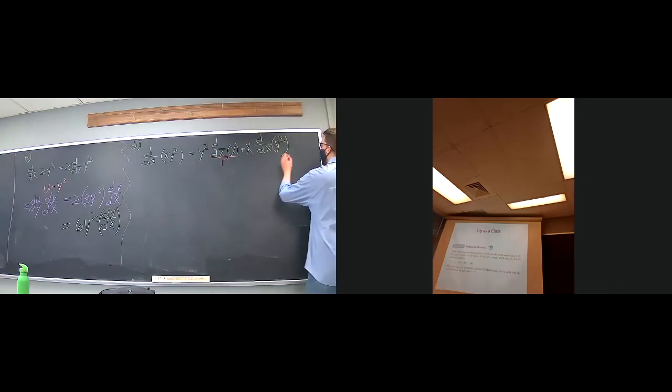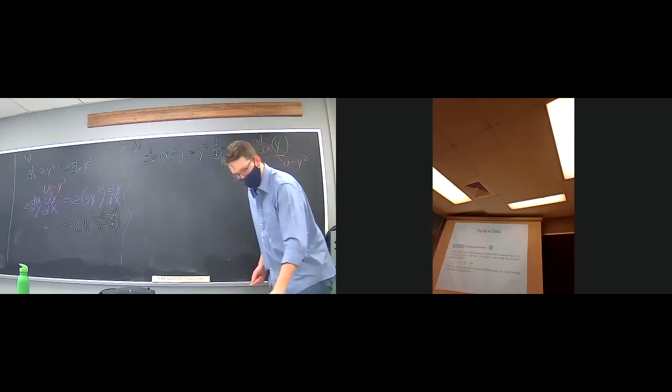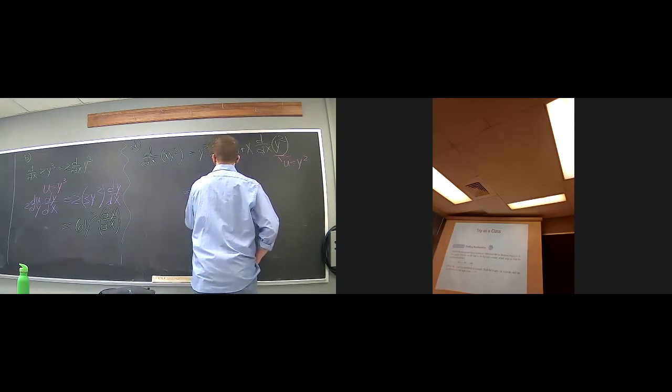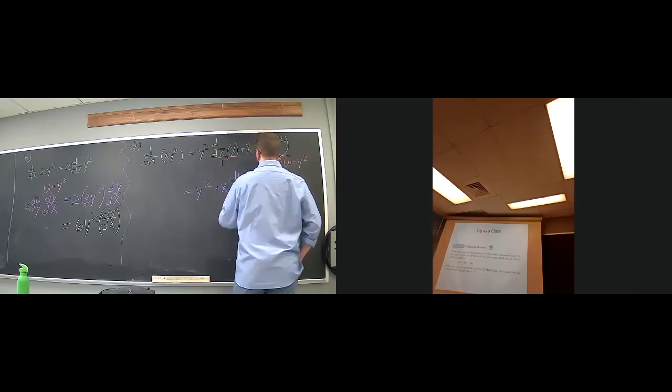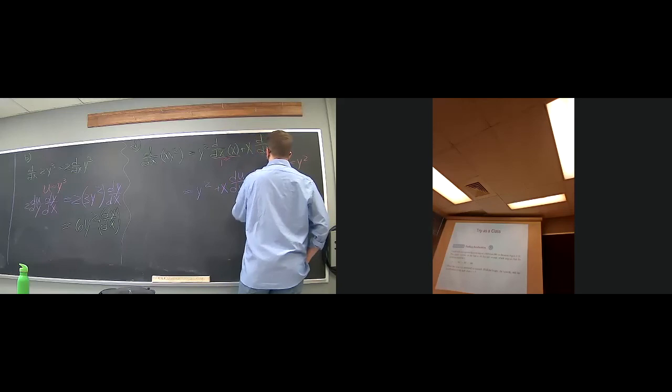And here, we need to recognize that y squared is playing the role of u, right? So with that, we're going to get y squared plus x times du/dx.